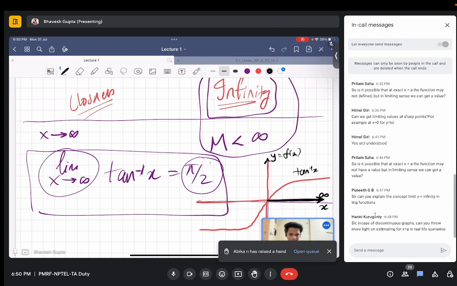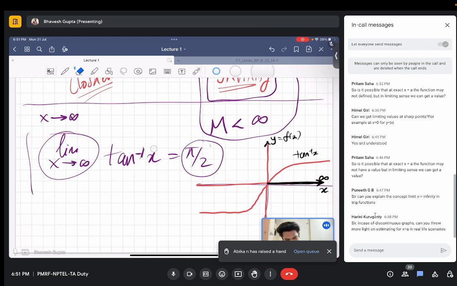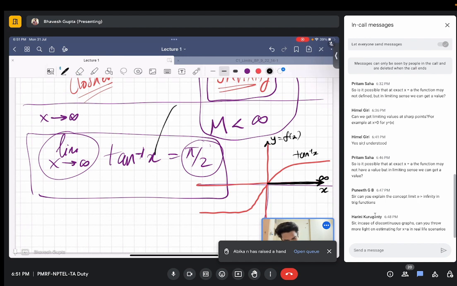Have you heard of something called asymptotes? Infinity is basically an asymptote to this x-axis. Okay, just forget what I was saying here. For now, just keep in mind that it is a very large number, and you put a very large number over here. The moment you put a very large number, this infinity gets mapped to this value over here, which is pi by 2.